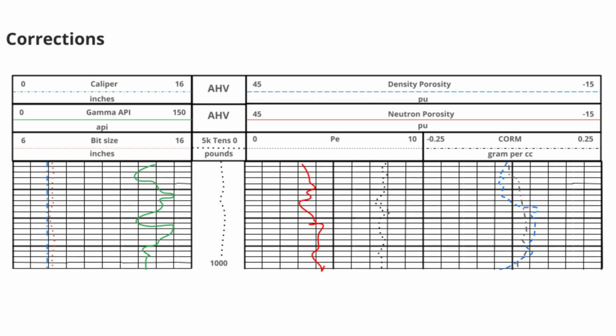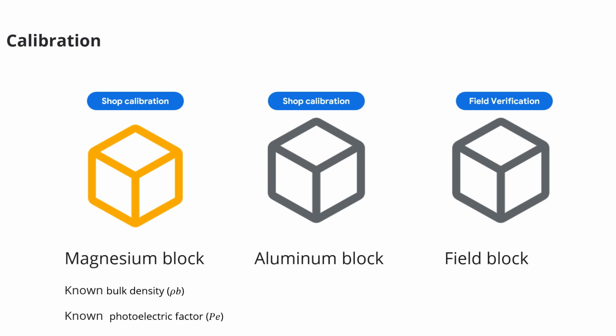For these corrections, whenever in presence of a density porosity log, look as quality indicator the curves CORP, correction plus, and CORM, correction minus. Please note that the conversion of count rates to bulk density and photoelectric factor is out of the scope of this course, since it depends on the specific tool and each service company.